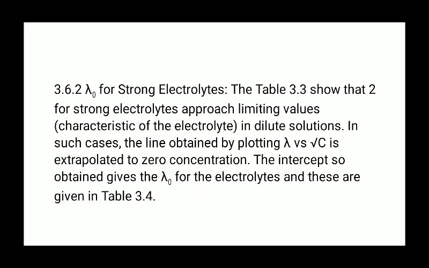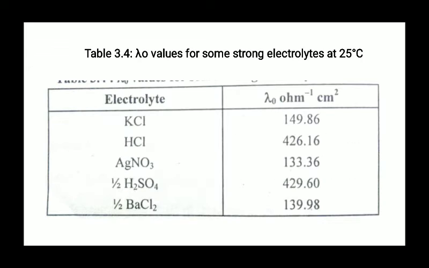The intercept so obtained gives the lambda 0 for the electrolyte, and these are given in this table. See here, lambda 0 values for some strong electrolytes at 25 degrees C. For the electrolyte KCl, lambda 0 value is 149.86, for HCl 426.16, whereas 1/2 BaCl2 is 139.98, and so on.